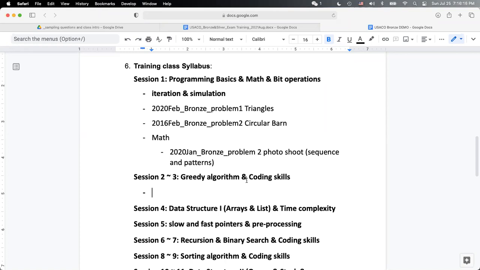For a greedy algorithm, we need to understand that a task can be divided into small tasks. For example, we have task i versus task i plus 1.